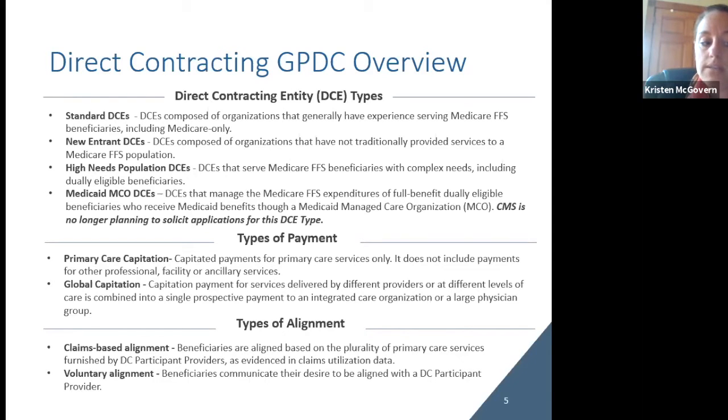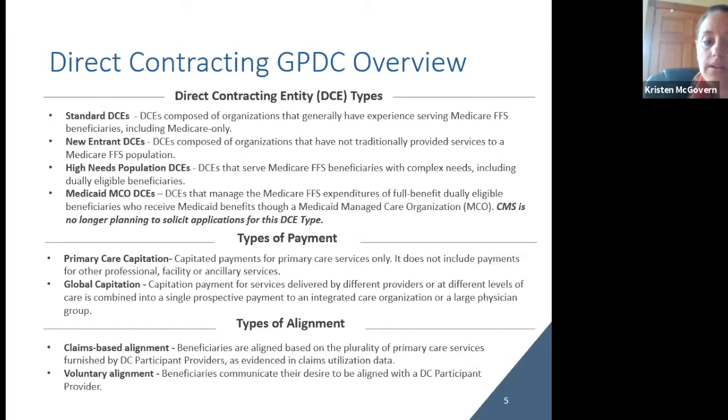The idea here is that CMS looks at whether the patient has traditionally been receiving care from a provider associated with the entity, and then they would be assigned to a particular DCE based on claims and their past utilization.